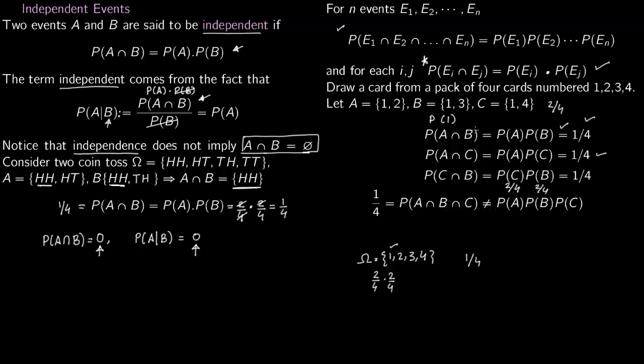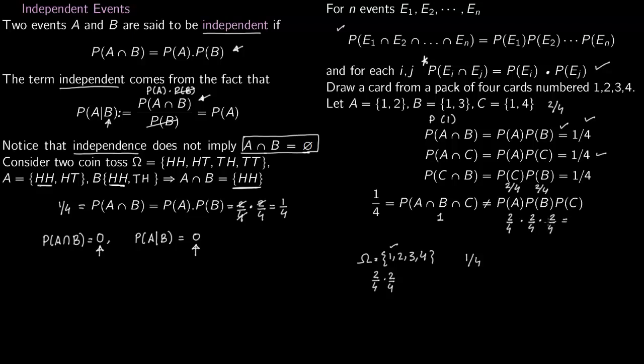So A intersection B intersection C, all of them have one common element. So A intersection B intersection C is just 1. Probability of 1 is 1 by 4 because 1 is just one out of these 4 elements. Whereas probability of A is 2 by 4, probability of B is 2 by 4, probability of C is 2 by 4.